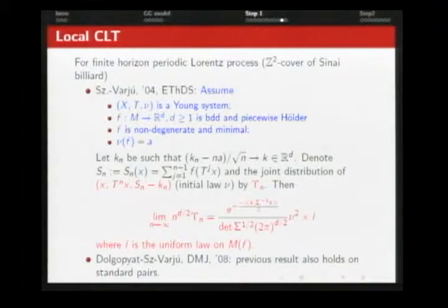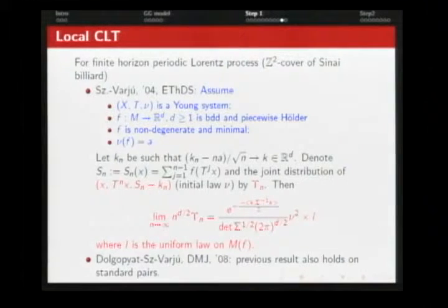Local versions of the central limit theorem are obtained for billiards. So with Tamás Varjú, we obtained it for a Young system under some natural conditions. Let's only consider the statement.